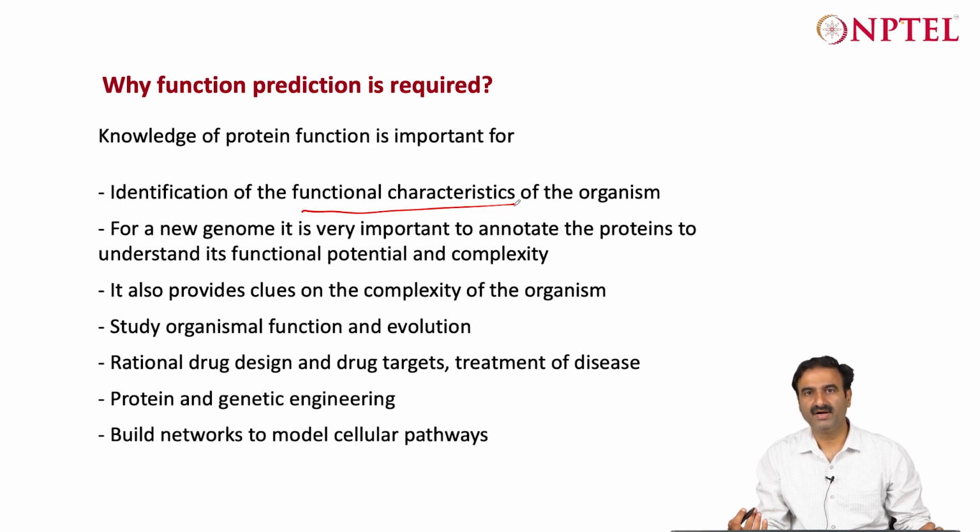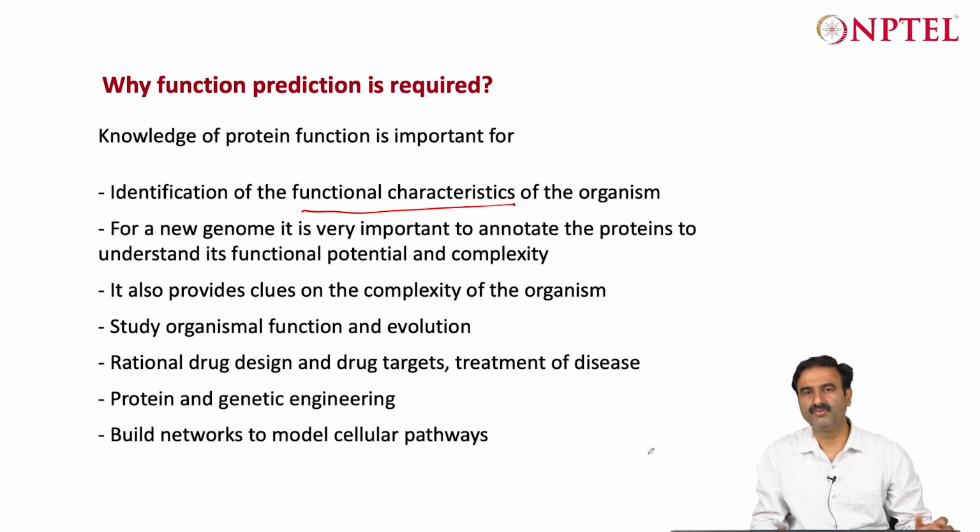There would be some proteins which are species specific, some which are unique to that genome, and some for which you will not find any annotation. That is limited by the current knowledge, and maybe those are not proteins or are doing some unknown function that we don't know.